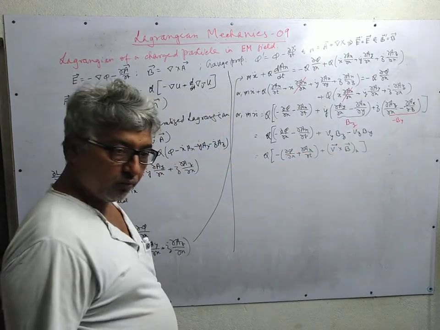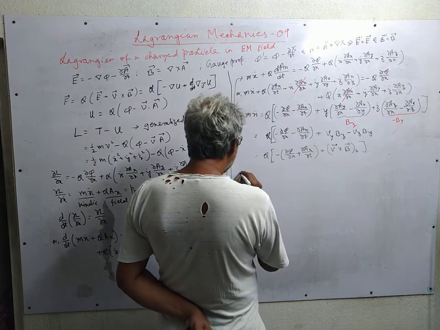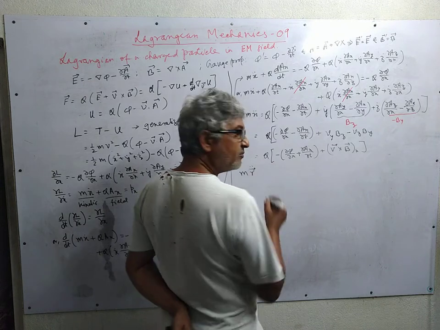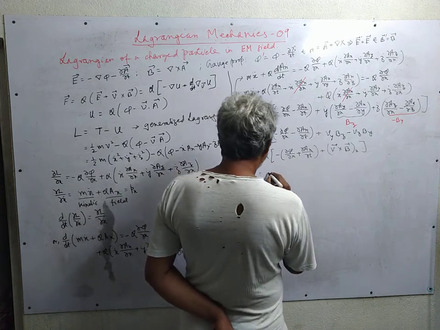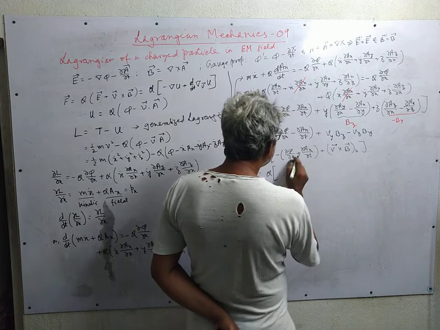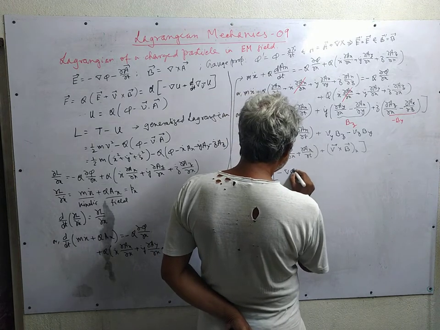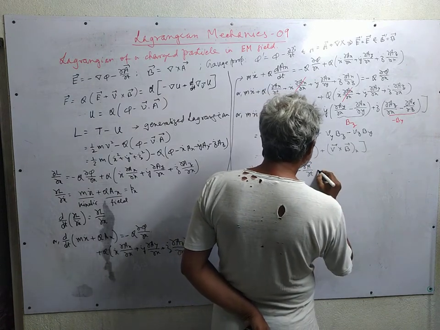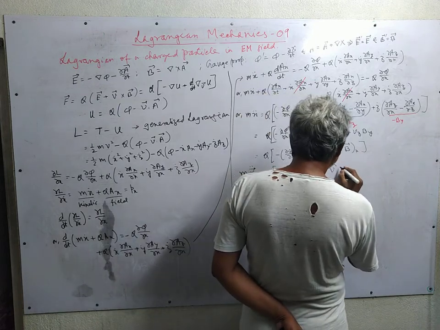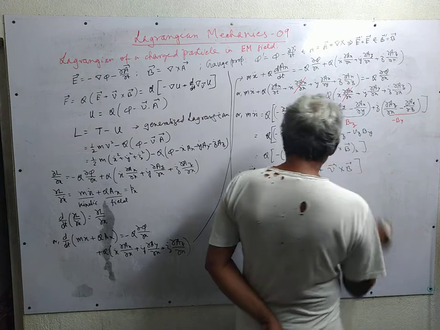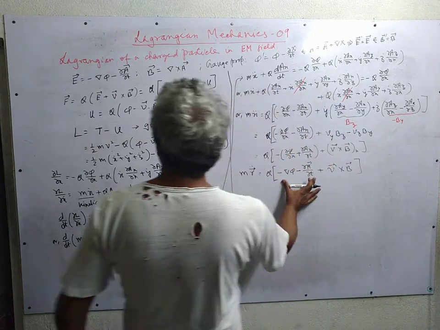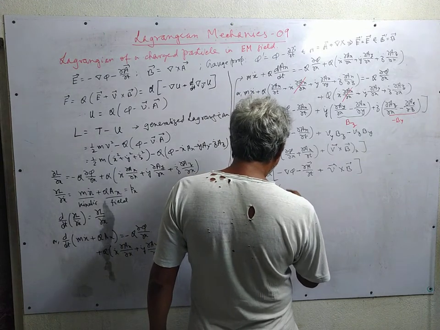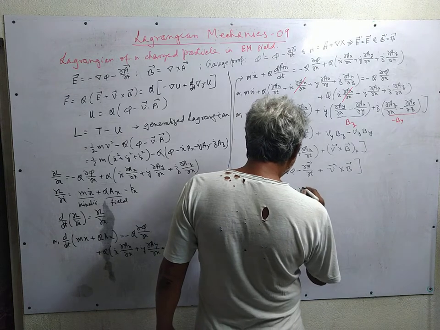So in vector form the equation is q times, this is grad phi minus dA/dt, and this is v cross B, which is, this is nothing but E. So this is equal to q times E plus v cross B.